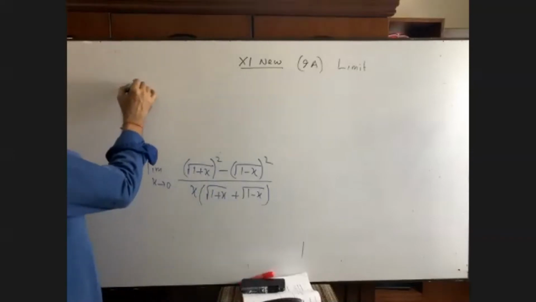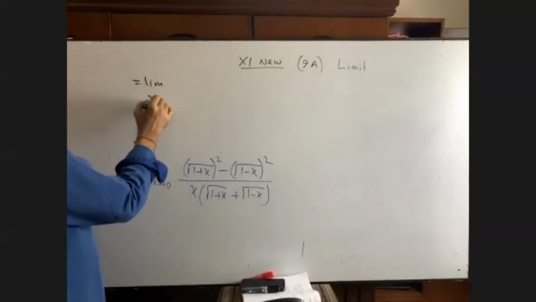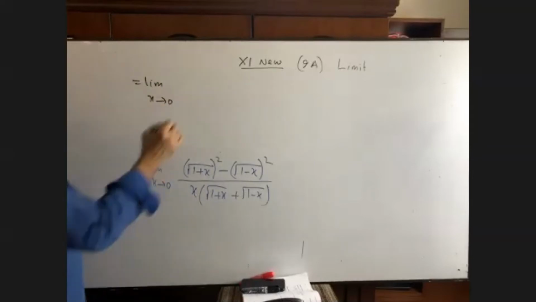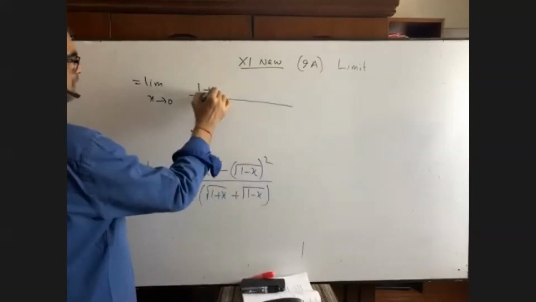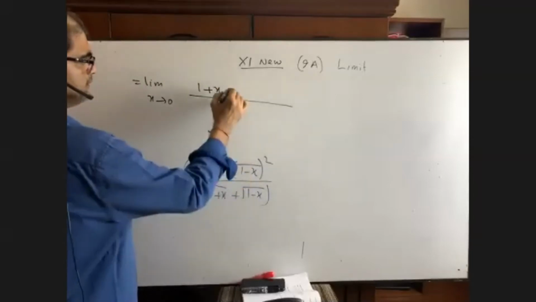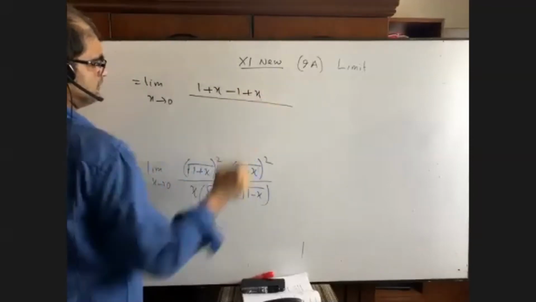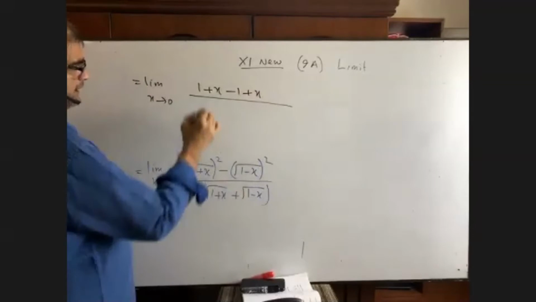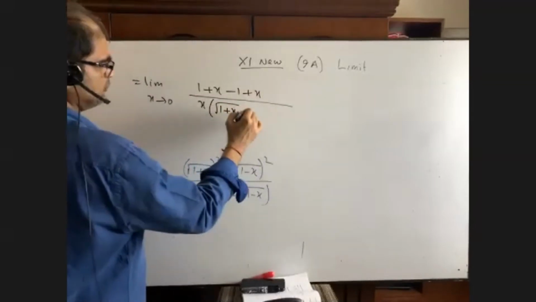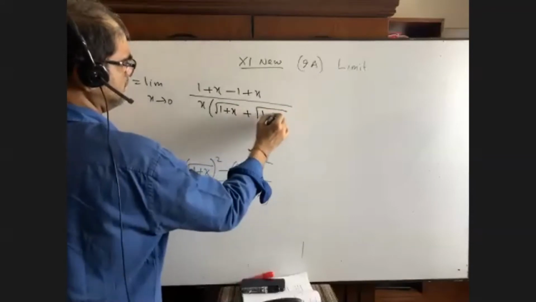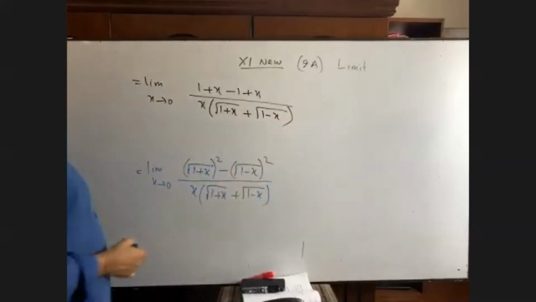You see, limit x tends to 0. We are getting here, the square root will be omitted, 1 plus x minus 1 plus x, and here root over 1 plus x plus root over 1 minus x.